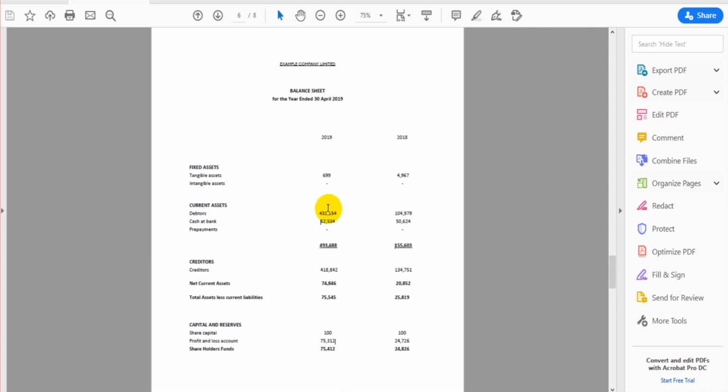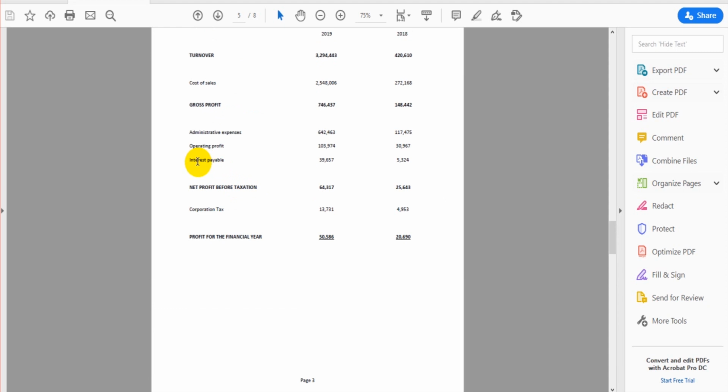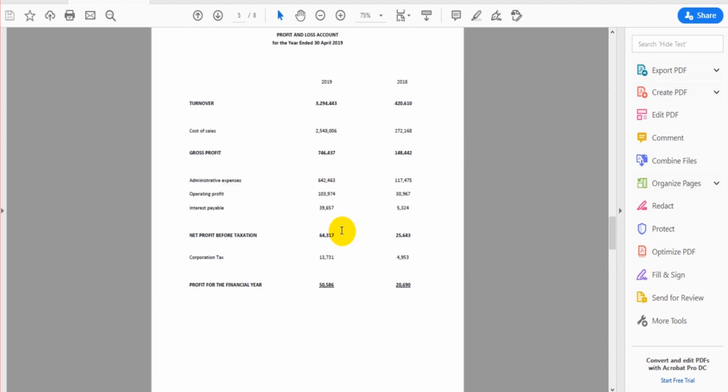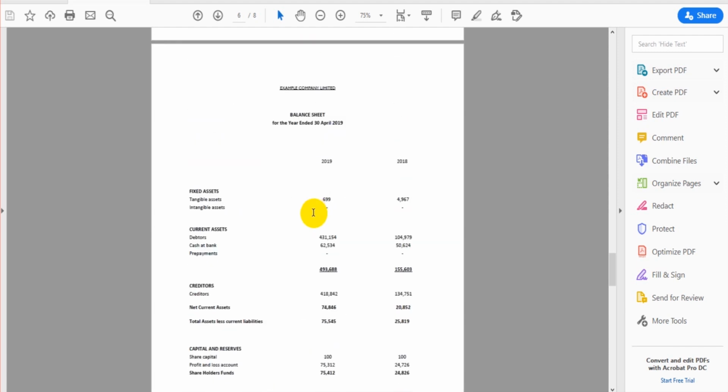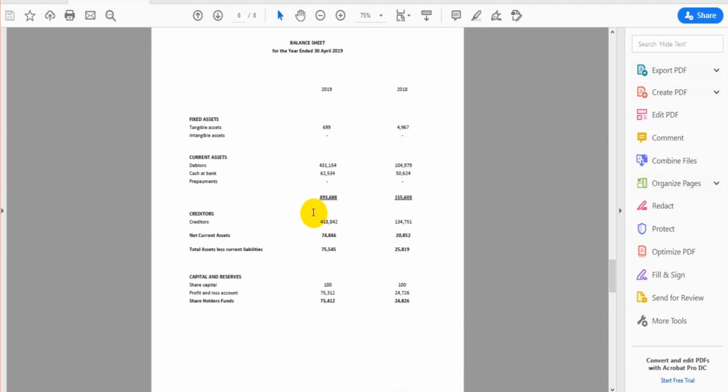Now, something else I noticed when I was looking through these figures is that this interest payable figure has increased drastically. 40,000 compared to 5,000, which is fine. That can happen. But what we don't see on the accounts is a loan. We've got a creditors amount.